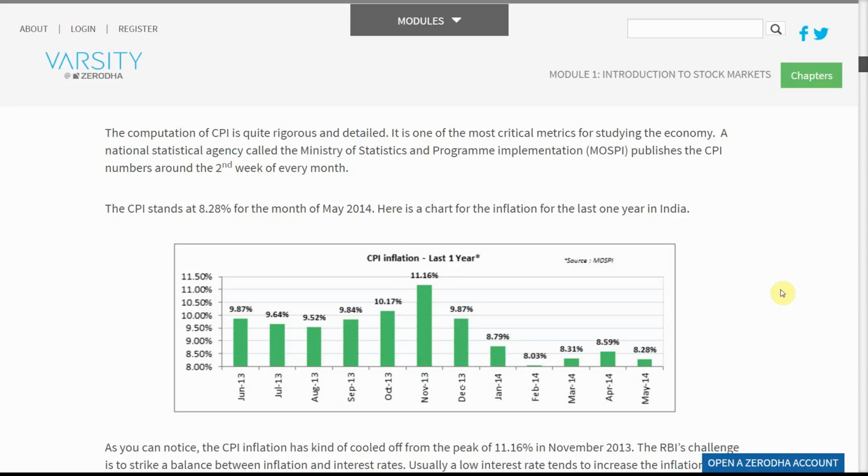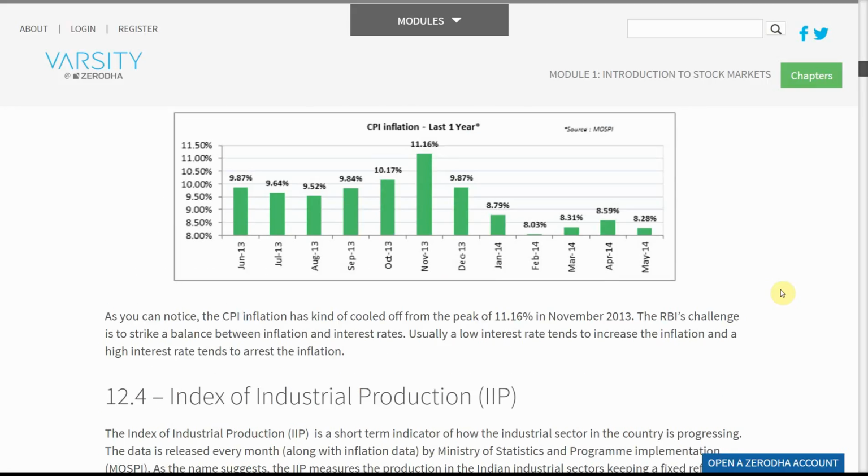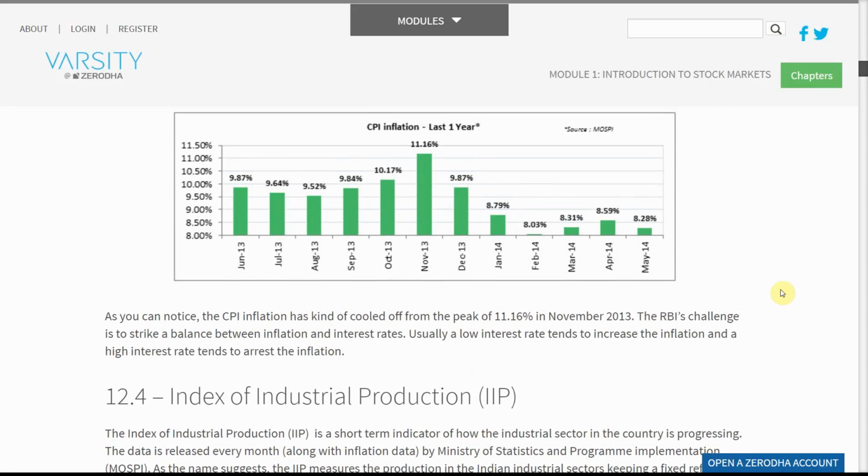As you can notice, the CPI inflation has kind of cooled off from the peak of 11.16% in November 2013. The RBI's challenge is to strike a balance between inflation and interest rates. Usually a low interest rate tends to increase the inflation and a high interest rate tends to arrest the inflation.